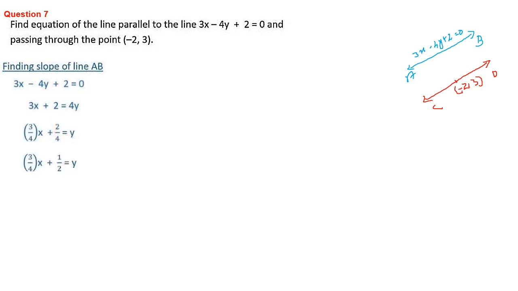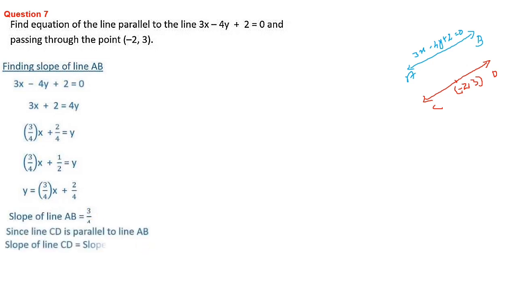When we cancel, it comes as 3 by 4 x plus 1 by 2 is equal to y. Now this is in the form y is equal to mx plus c. m is our slope. That means the slope of AB is 3 by 4. Since the lines are parallel, the slopes are equal. The slope of line CD and the slope of line AB will be equal. That means the slope of CD is 3 by 4.